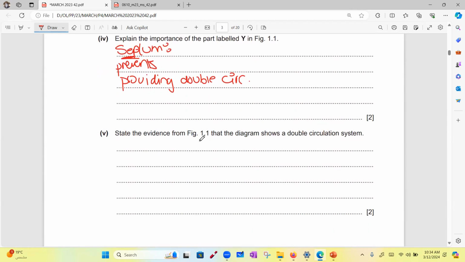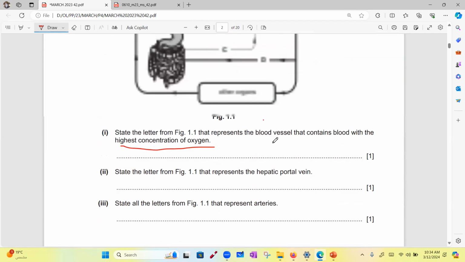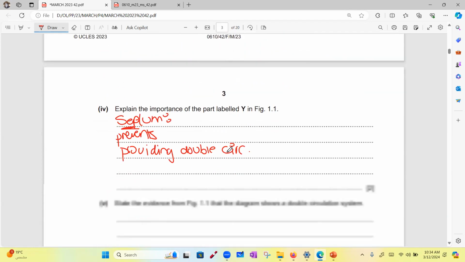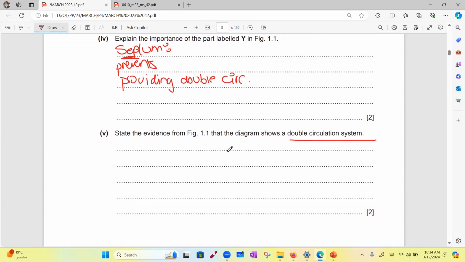Okay. State the evidence from figure 1.1 that shows that this is a double circulation. This is the definition. You will say that the blood goes through the heart twice per circuit. That's it. What are the two circulations? Yes, what are their names? This is a double circulation.